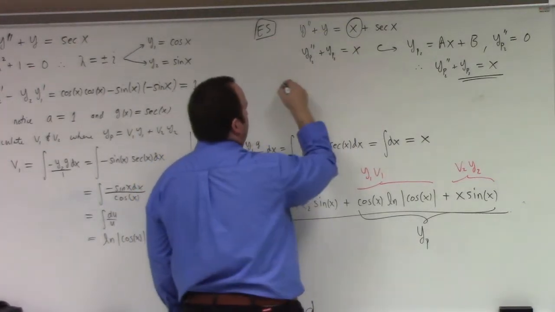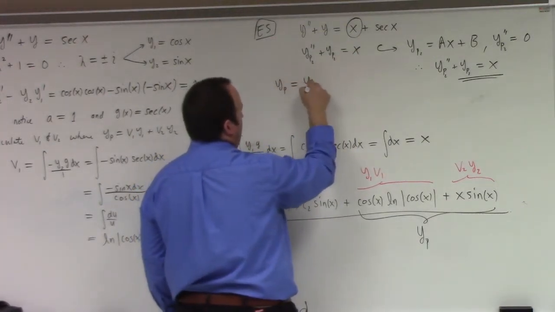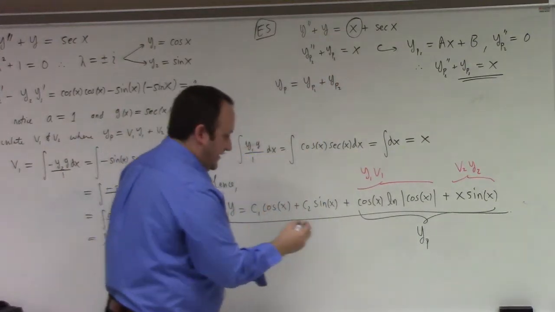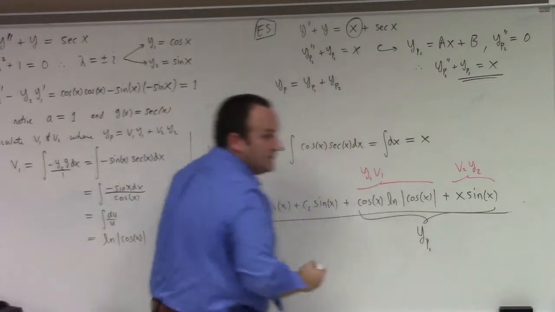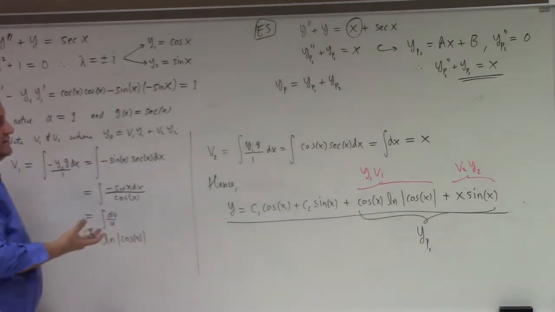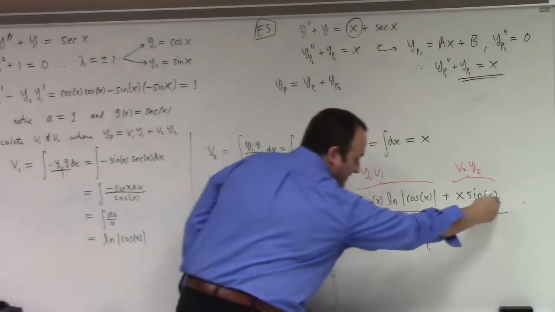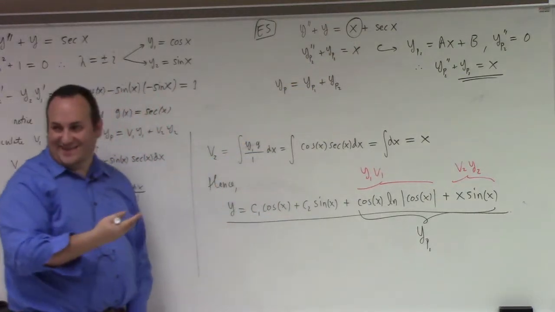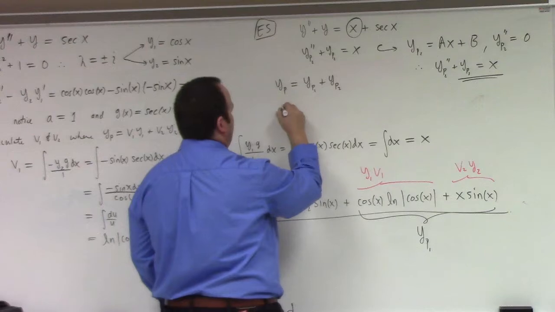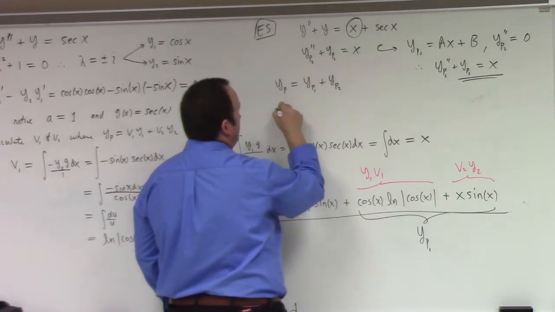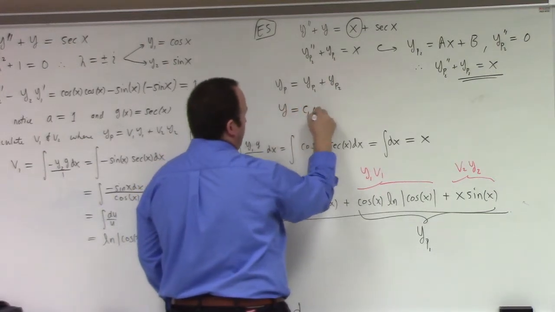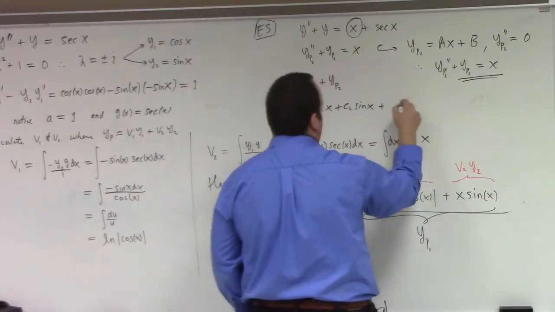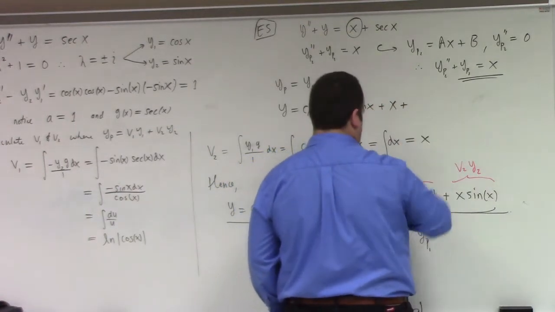So this one, my yp would be yp1 plus yp2. This guy right here, I'm saying is yp1. So to produce a secant, I just do this stuff. To produce an x, I just put x, actually. And so the general solution for this problem would be c1 cosine x plus c2 sine x plus x plus this thing.